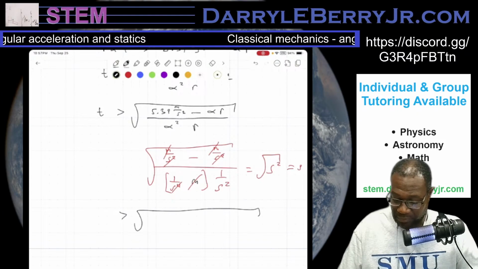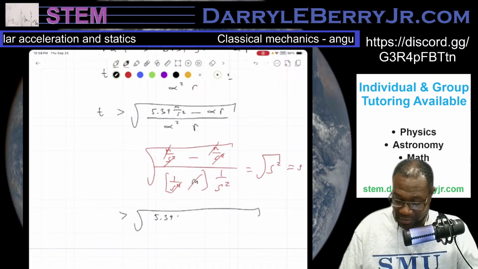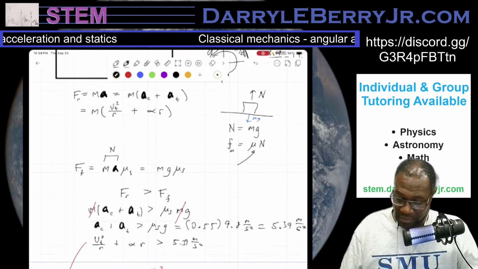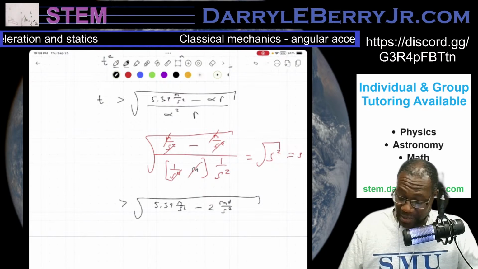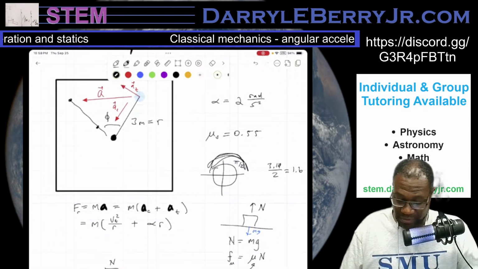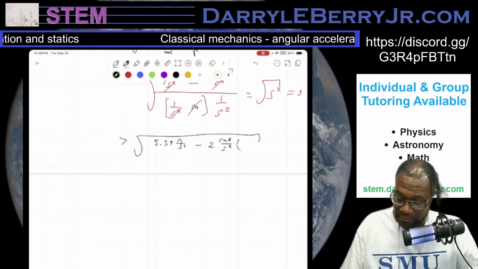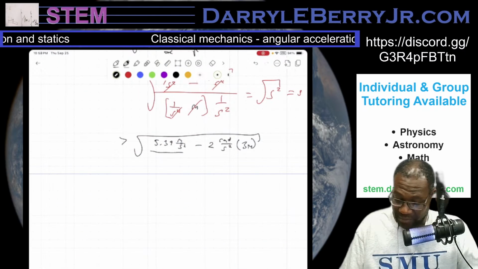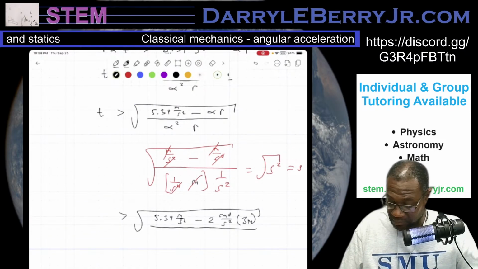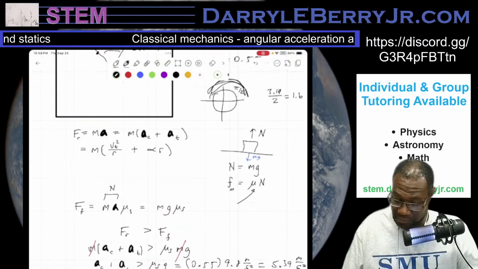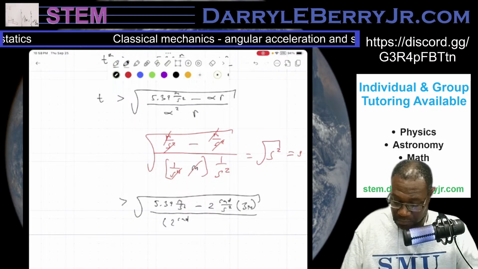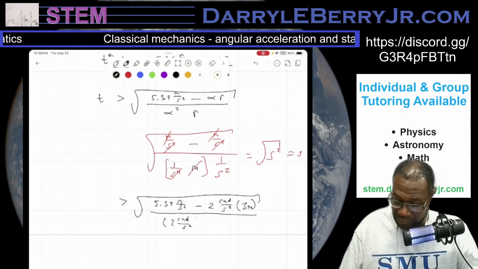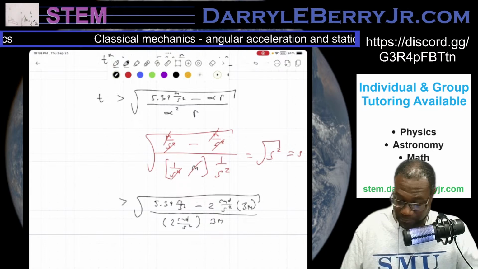So this will be the square root of 5.39 meters per second squared minus, and we gave that 2 radians per second squared times, and the radius I gave, this distance from the center was 3 meters, divided by, so that's going to be the acceleration squared, which is 2 radians per second squared, and then we have the radius again, which is 3 meters.